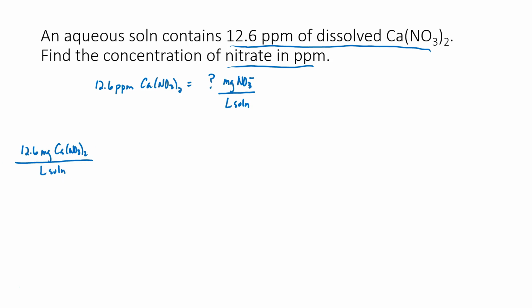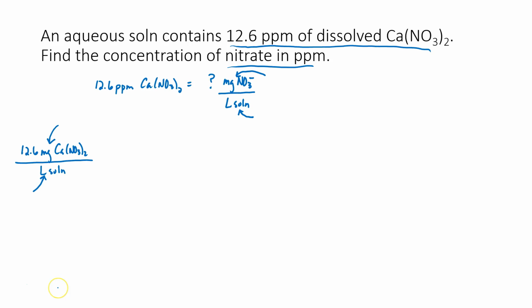That's our starting point. And one thing I'm liking so far is that my denominator is already where it needs to be. I've got liters of solution downstairs, and that's how I want to end up. The only thing we need to worry about is converting milligrams of calcium nitrate into milligrams of nitrate.